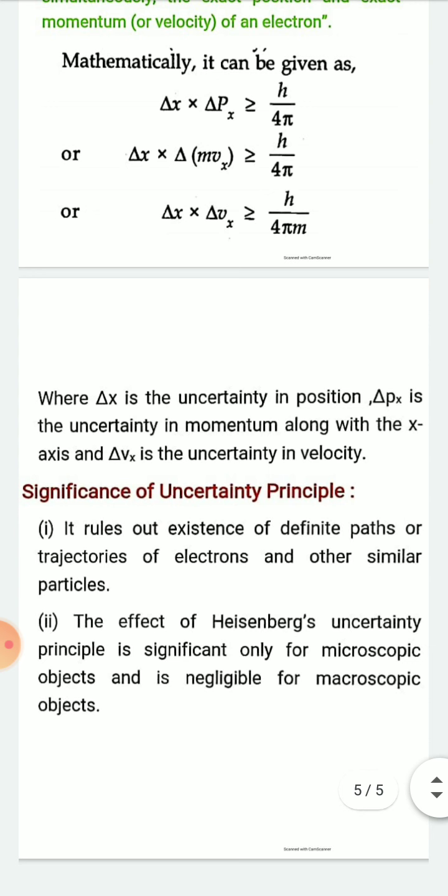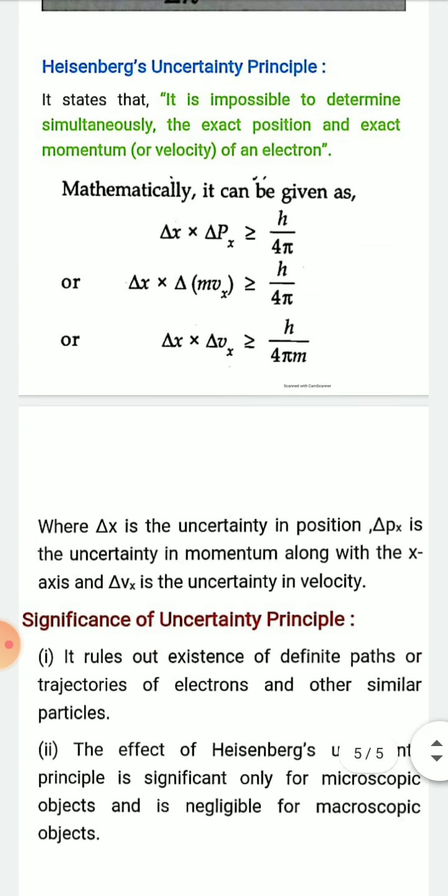Okay, and these two, the Heisenberg principle and the de Broglie equation, are both very important, and there will be some small numericals you have to do using the mathematical equation of the Heisenberg uncertainty principle and using the de Broglie wave equation. Okay, thank you.